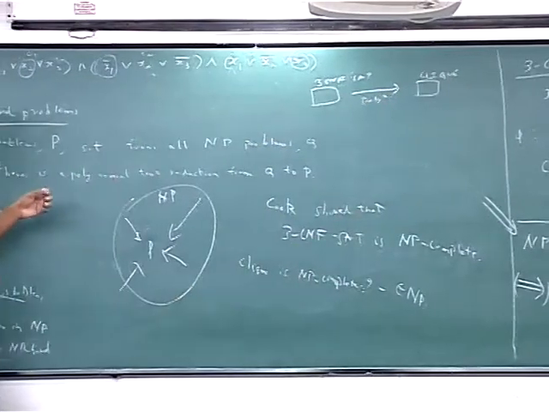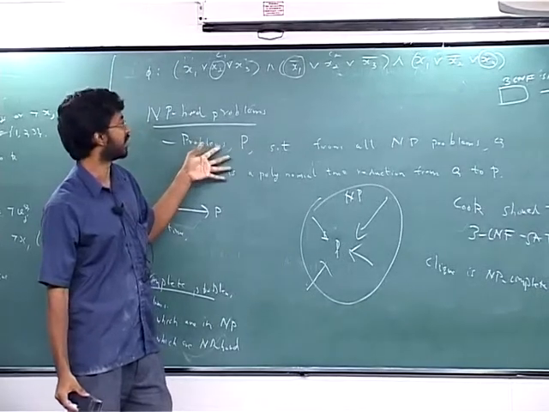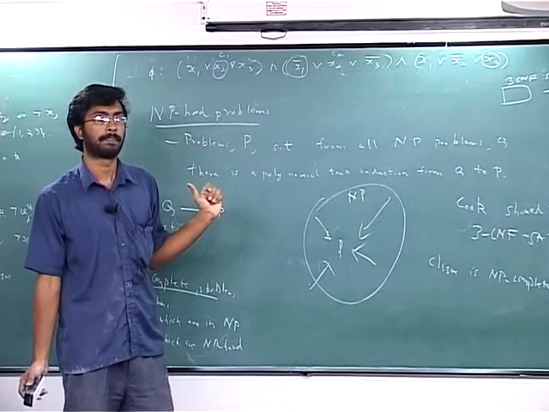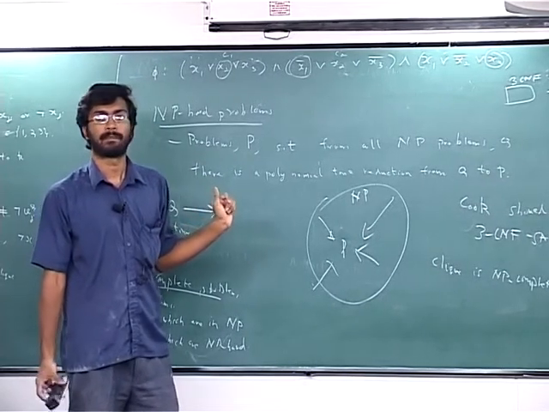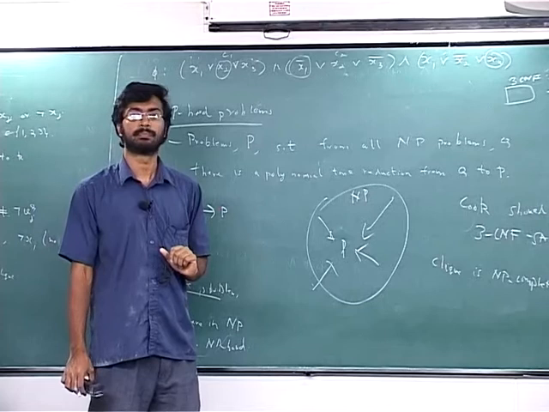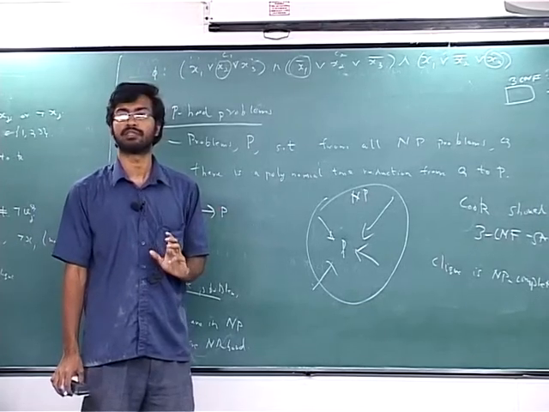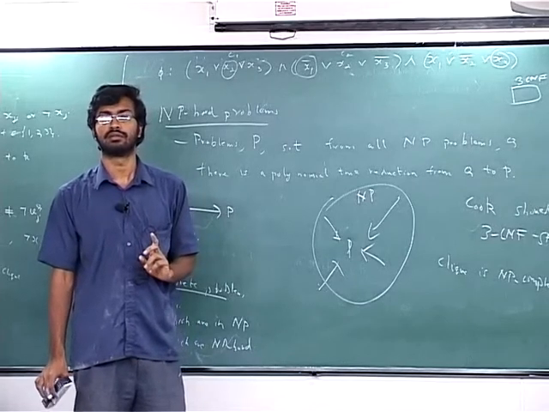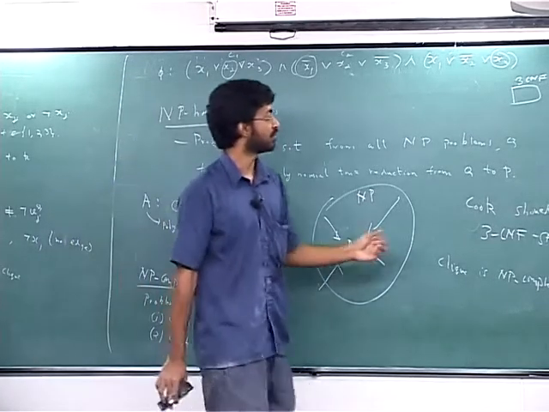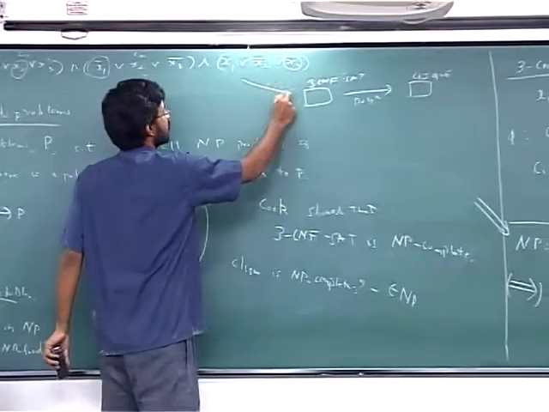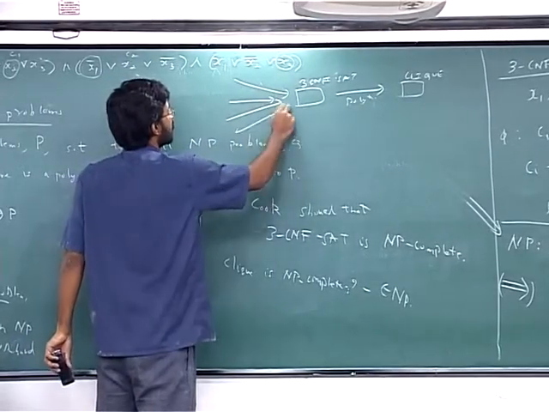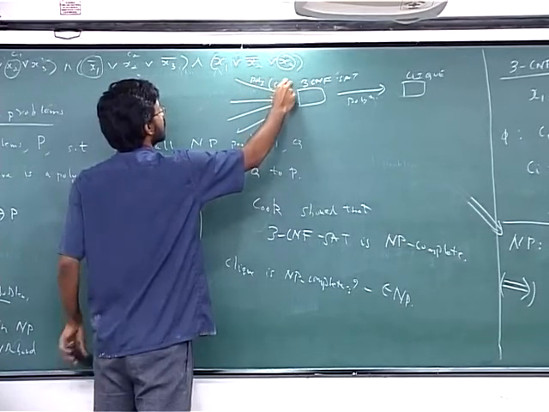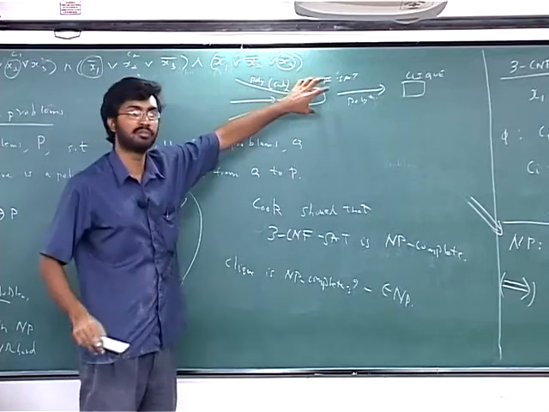Does it imply the claim that there is a reduction from all NP problems? Yes, because Cook showed that there are polynomial time reductions from all NP problems to 3CNF SAT.